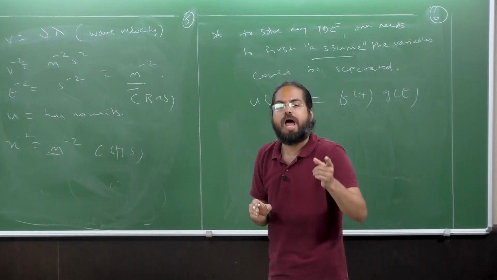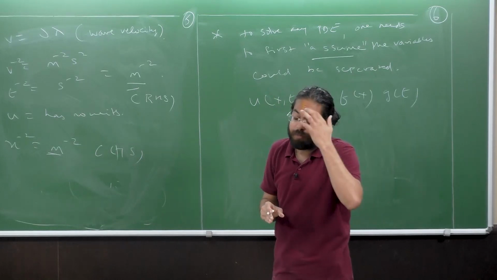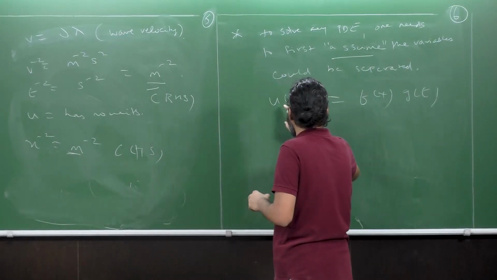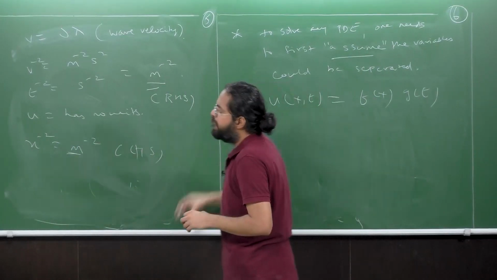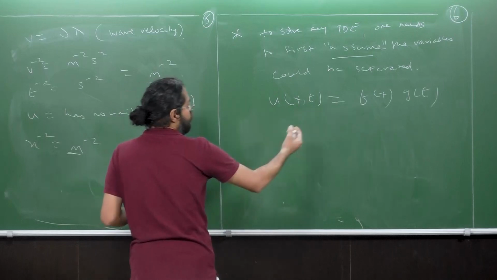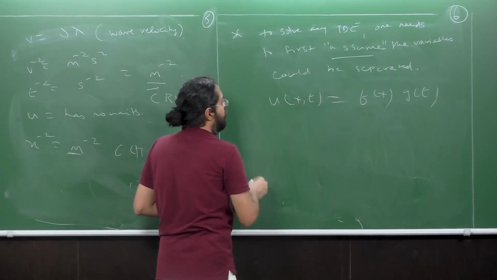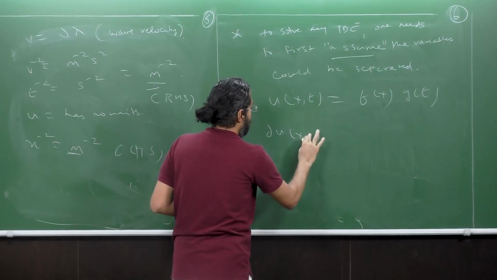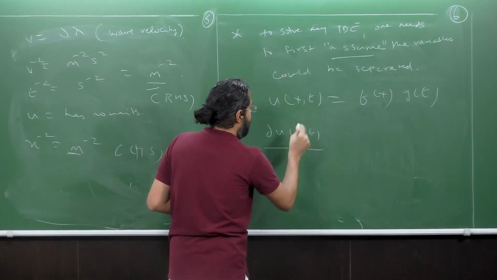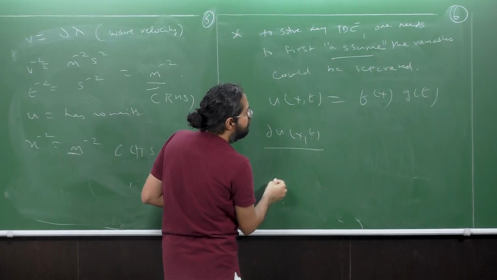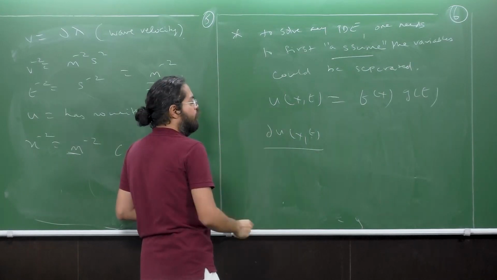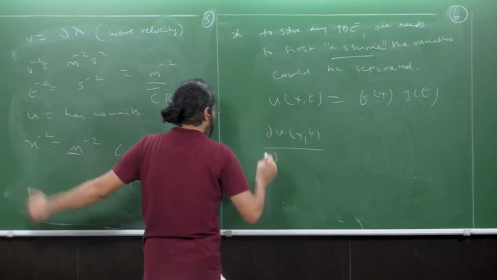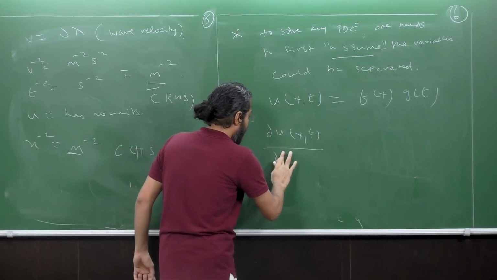Now, having made this assumption, the next step would actually be to substitute this particular separation of variables back in the equation. Now let's do that. So u of x comma t is given by this. I'll work on the LHS first, with dou x first.